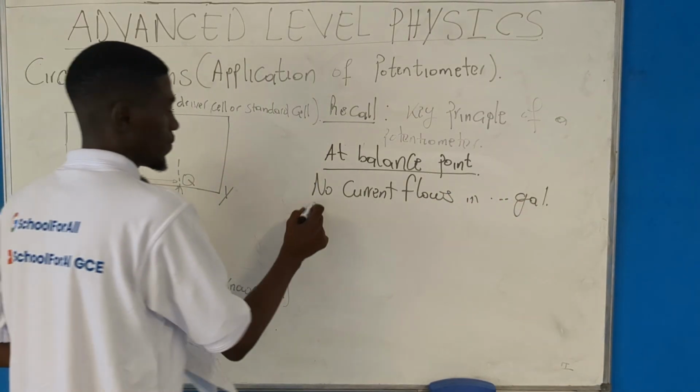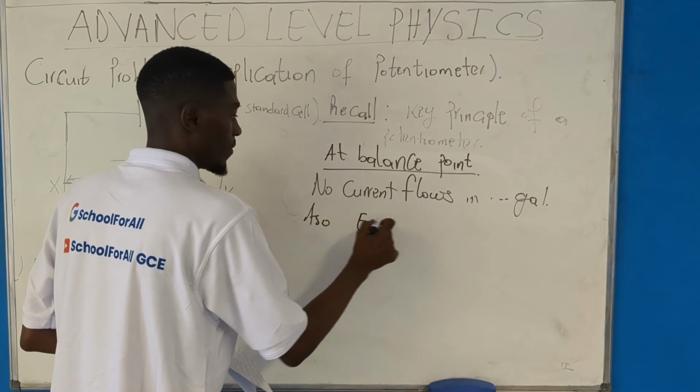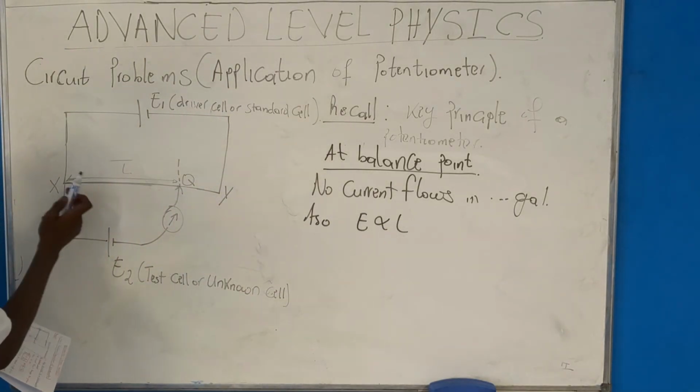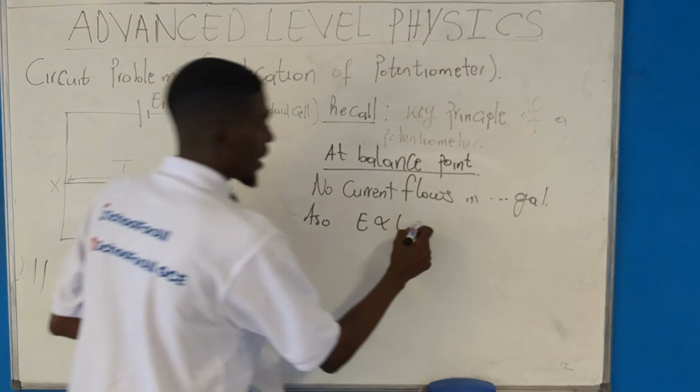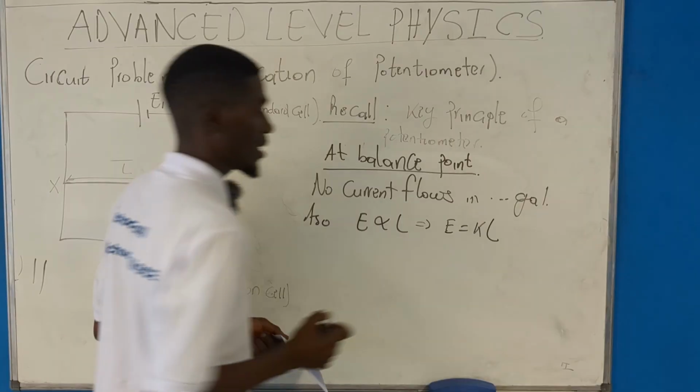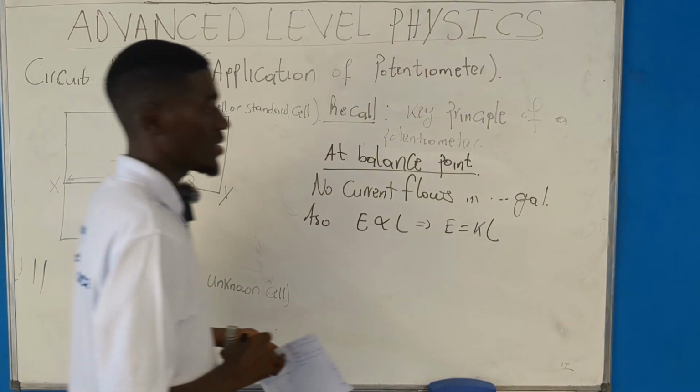Also, the EMF is proportional to the length. So the EMF here is proportional to the length. This implies EMF is simply equal to a constant times L, where L is the length.